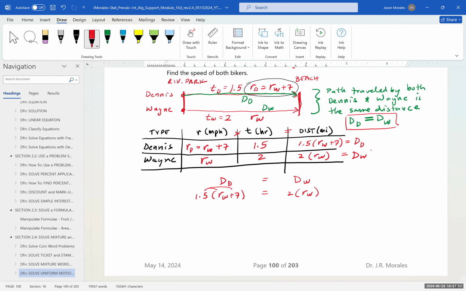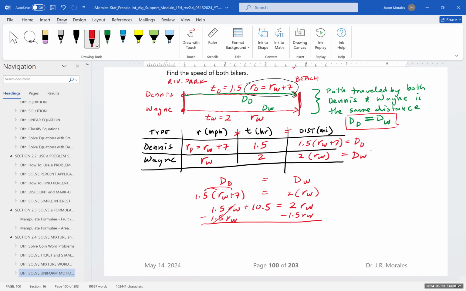So here we have to do the distributive property. So we've got 1.5 rate of Wayne plus 1.5 times 7, which is going to be 10.5, and this is 2 RW. So let's subtract 1.5 times the rate of Wayne from both sides, because these are like terms.